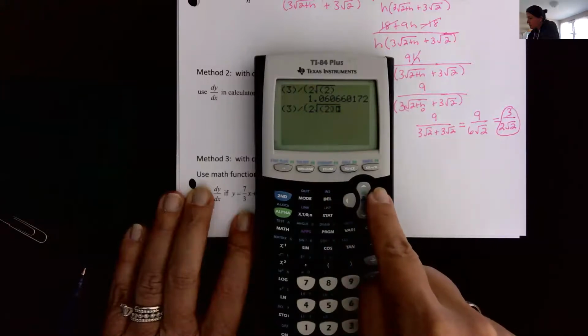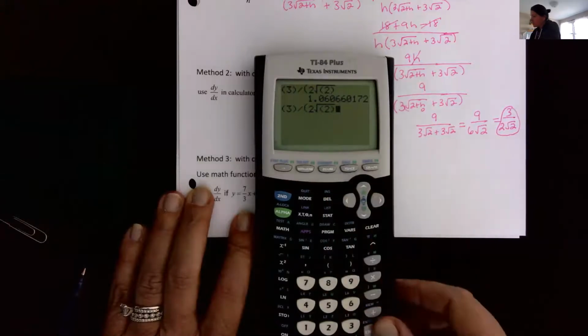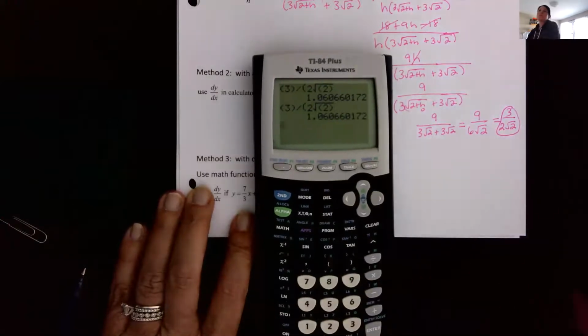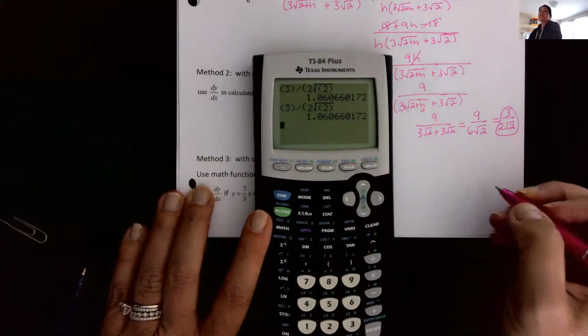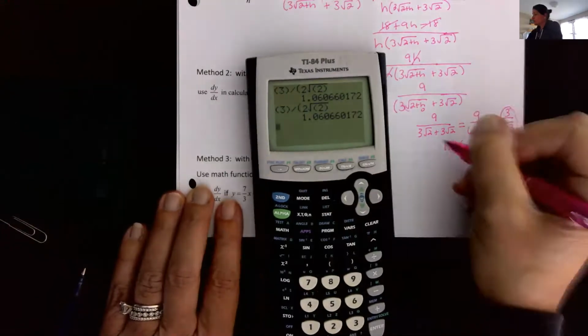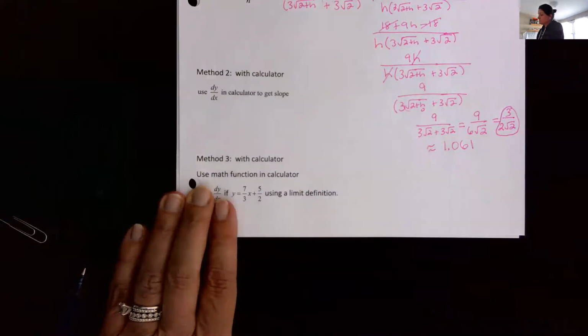Yeah, that's okay. 1.0606, or 0.061, as an approximation.